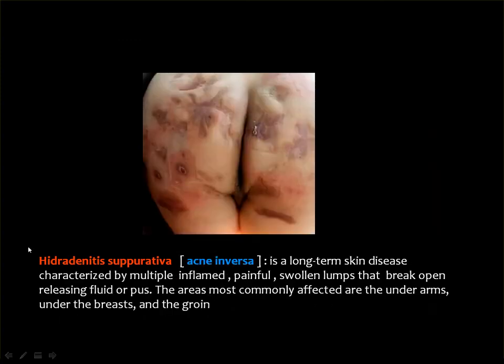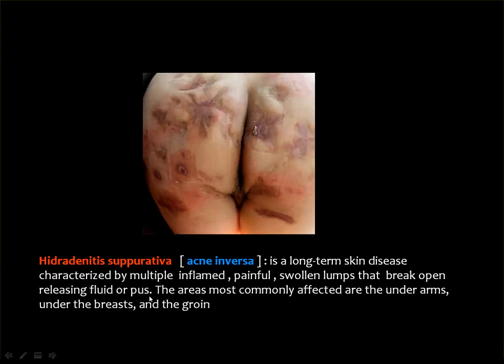Then hidradenitis suppurativa, known also as acne inversa, is a long-term skin disease characterized by multiple inflamed, painful, swollen lumps that break open, releasing fluid or pus.